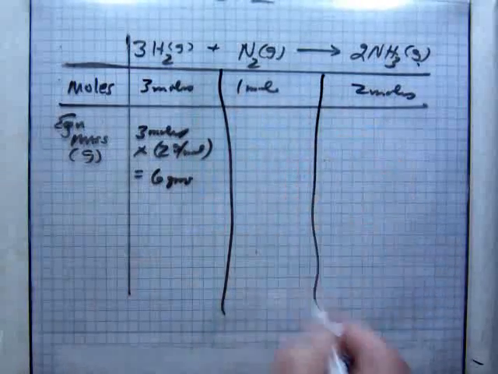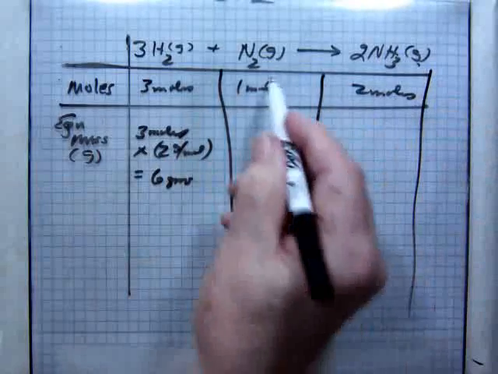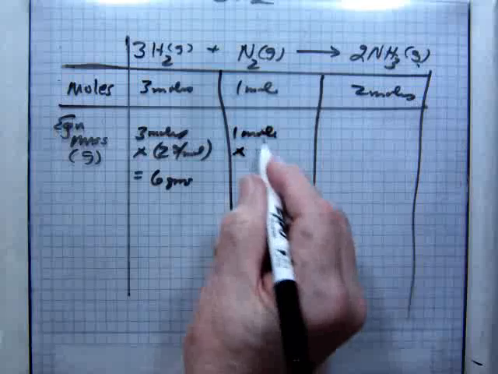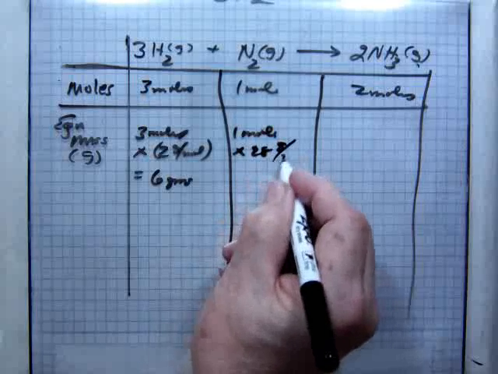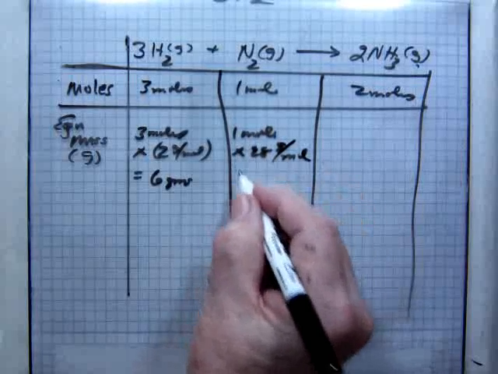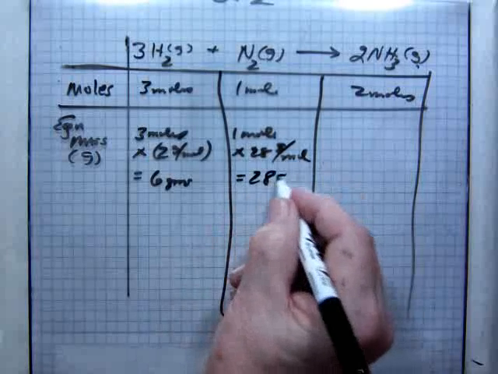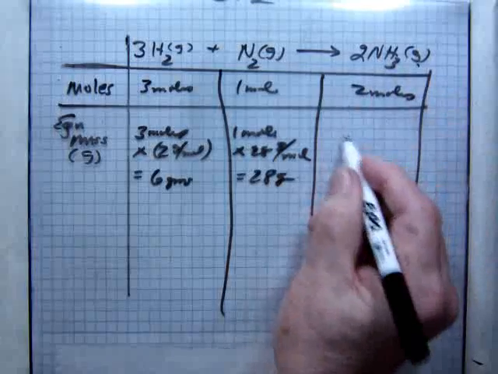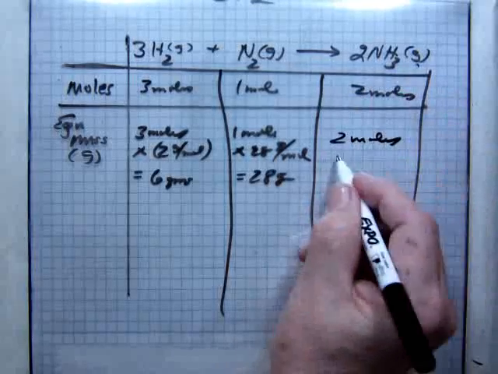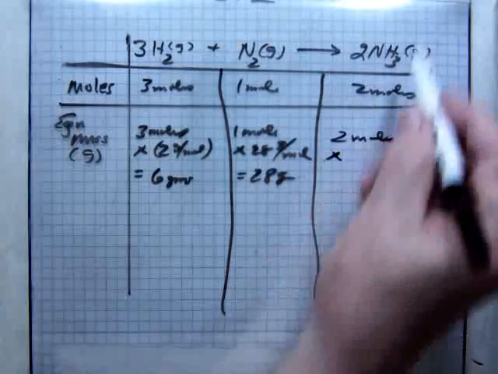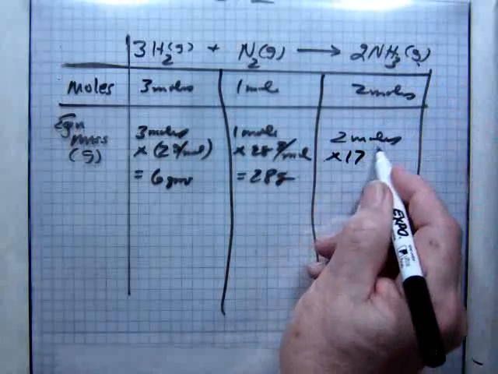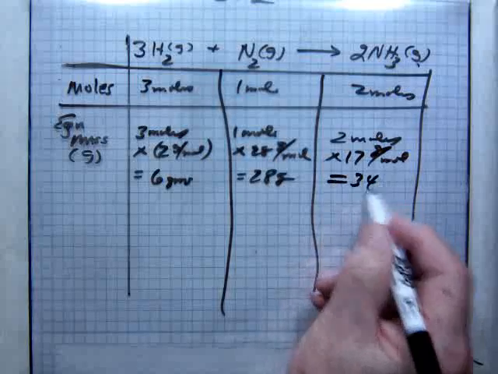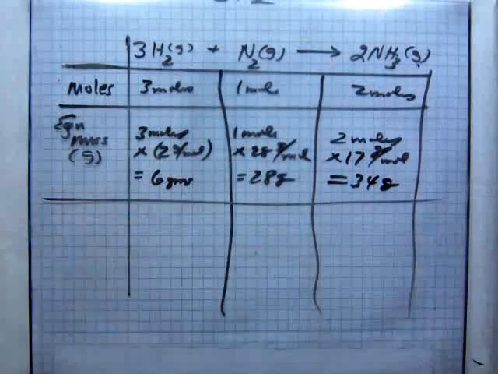And then we just bring these on down like that. Here, one mole times 28 grams per mole, and of course that's 28 grams is the equation mass for nitrogen. And finally 2 moles times 17 grams per mole, 34 grams is your equation mass.